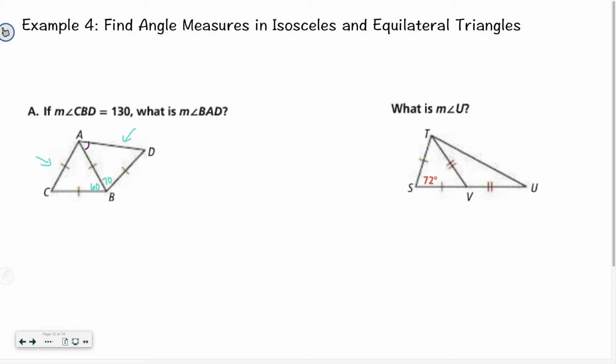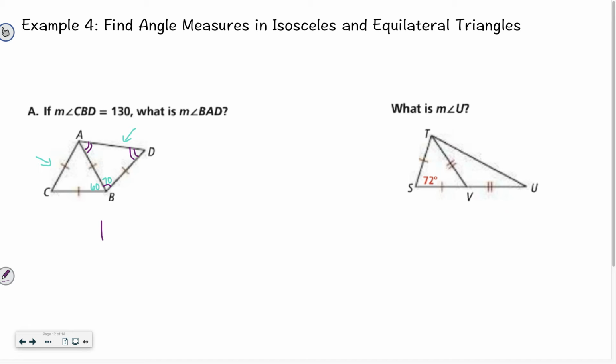And now I can use this 70 to solve for my two, these are called base angles. I don't think I said that earlier. In an isosceles triangle, the angles that touch the base of the triangle, the side that is not congruent to any other side, those angles are called base angles.